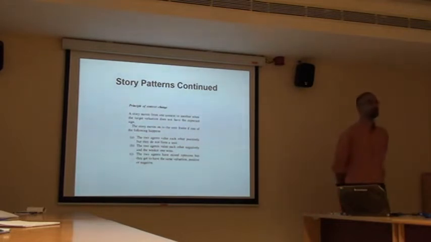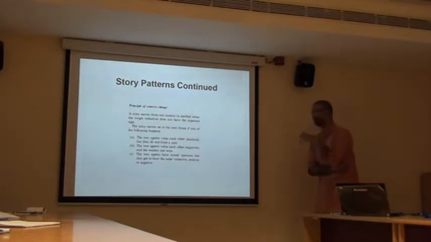So if you have 2 agents, there are 4 possibilities. You either have antagonistic or agonistic relations, plus or minus, and you have either they form a unit or they stay separate. So there are 4 possible choices. Right? So they value each other positively, but they do not form a unit.